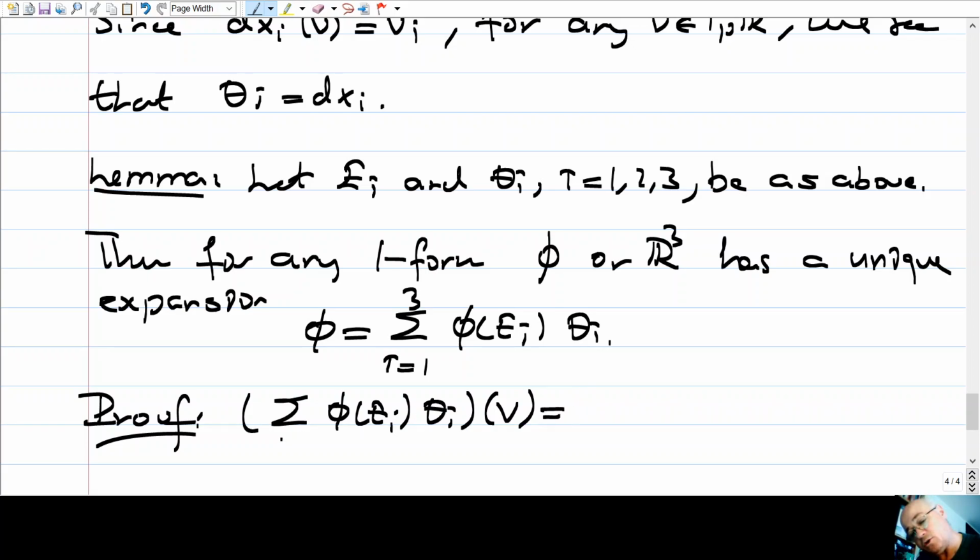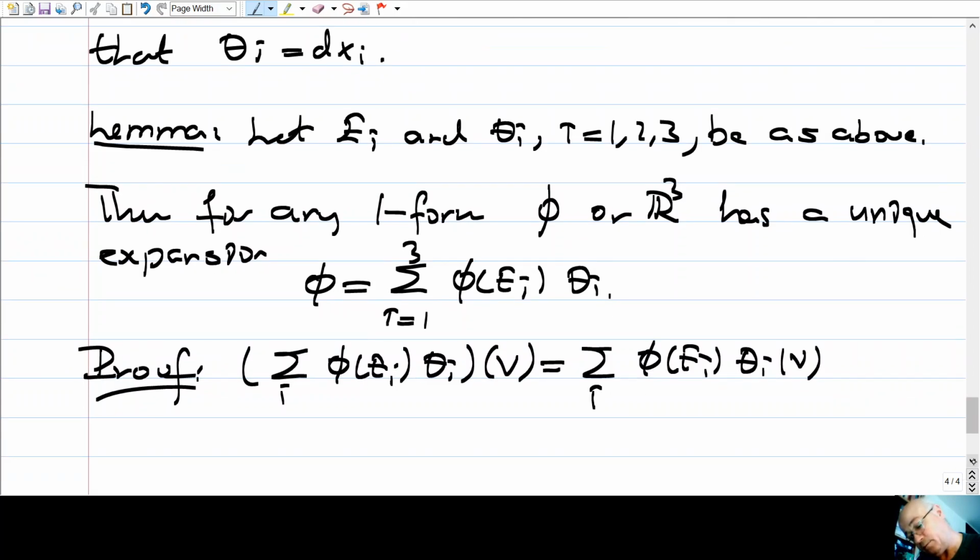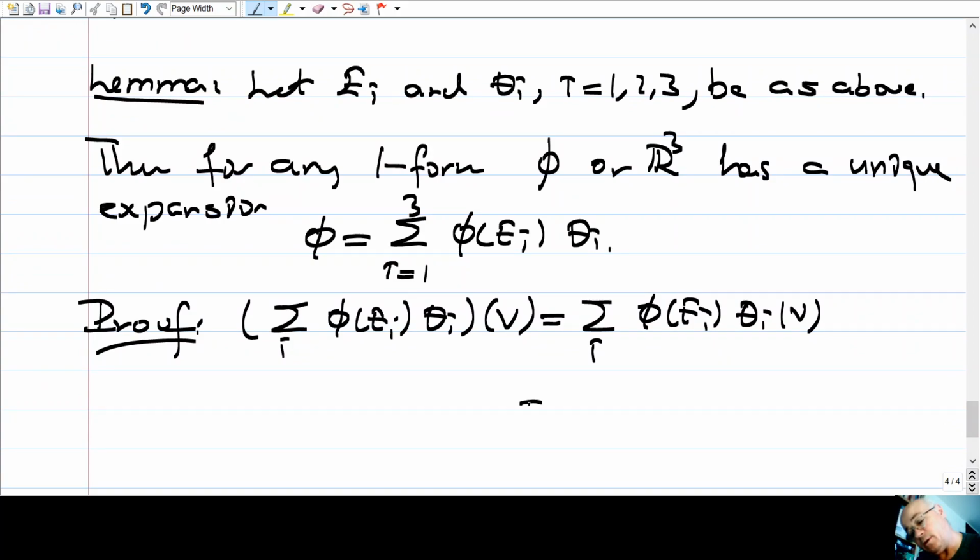Since because of the linearity, I can write this as, okay, but this is just phi of theta i v times ei.